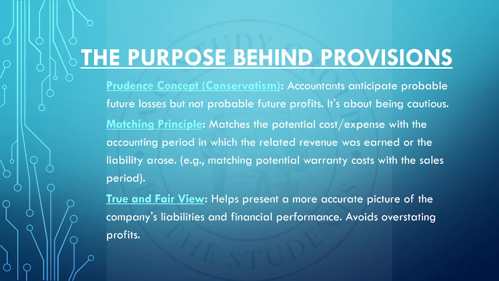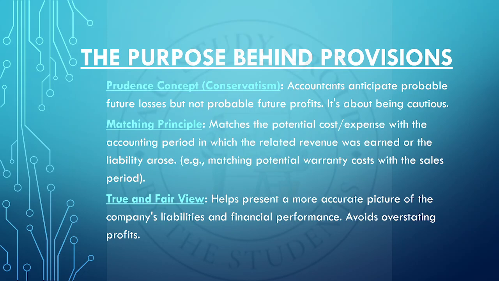To understand the prudence concept, the matching principle, etc., you also need to go through our previous video on concepts and conservatism. The second one is the matching principle. This helps to match the potential cost, like the warranty repairs, to the period when the sales were made. Say our financial year is from April to March.